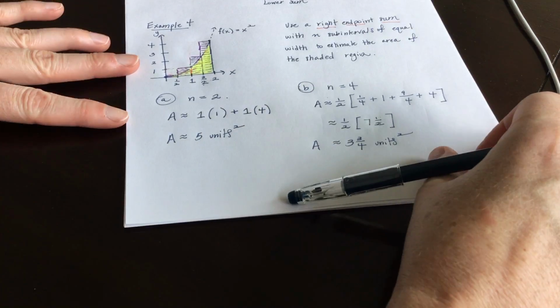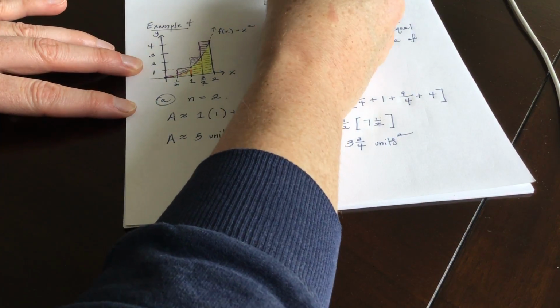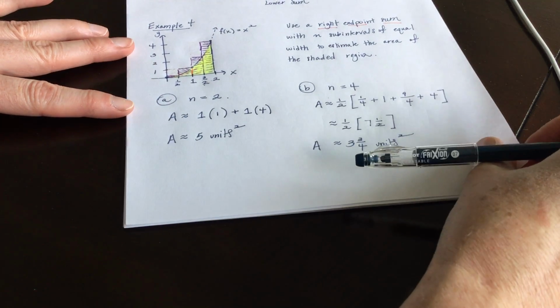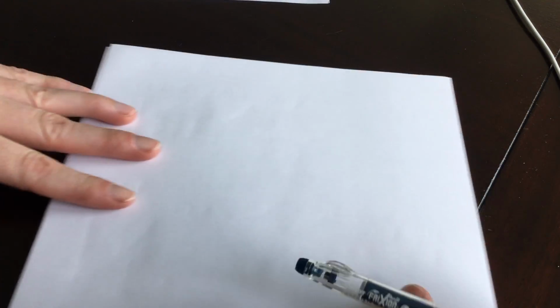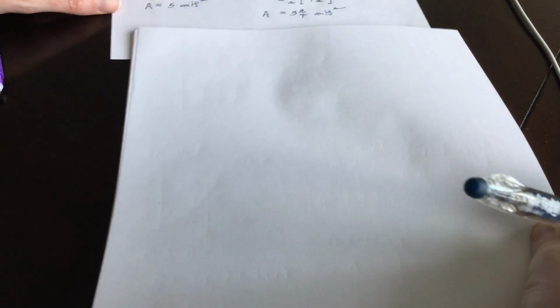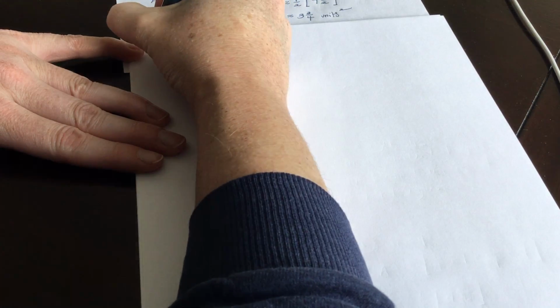Let's just do one more just to make sure you'd be okay with something like a midpoint sum. Example 5, I guess.